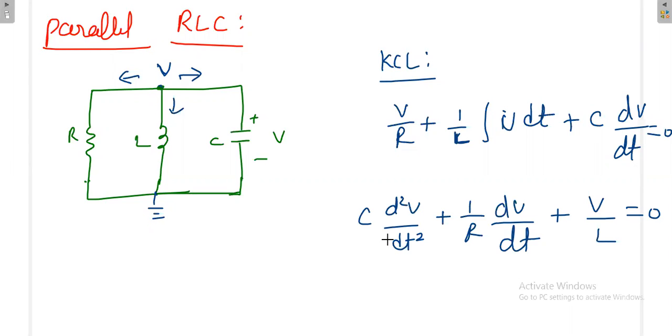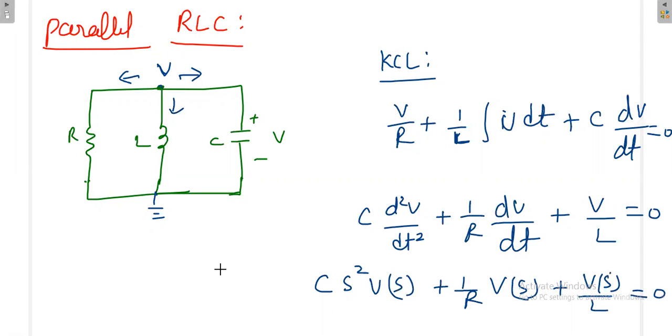Then you take the Laplace transform: C S square Vs, plus 1 by R S Vs, plus Vs by L is equal to 0.